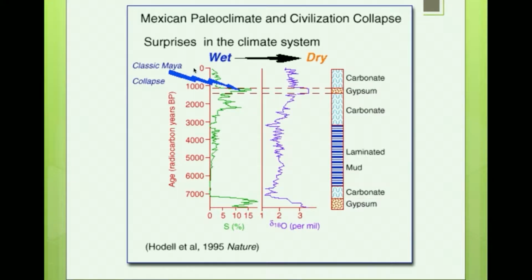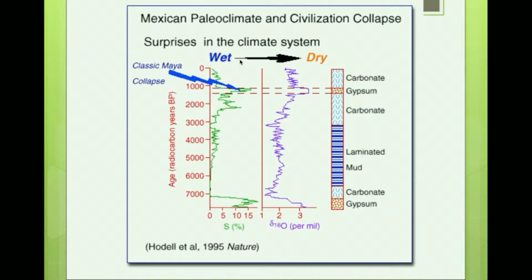What's shown here is an age scale, where 0 is the present and these are years before present in thousands. About 1,100 years ago, there was a big spike in sulfur content and oxygen isotopes in the sediments, in the soils that were there at the time.